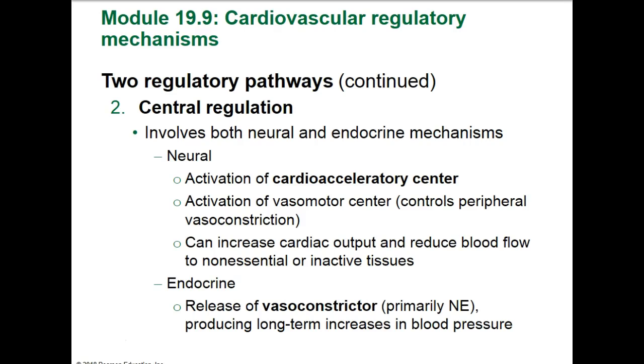What's going to happen here is an increase in your cardiac output and a reduction in the blood flow to any non-essential or inactive tissues. For your endocrine control, you release vasoconstrictors like norepinephrine. That's going to give you a long-term increase in blood pressure.